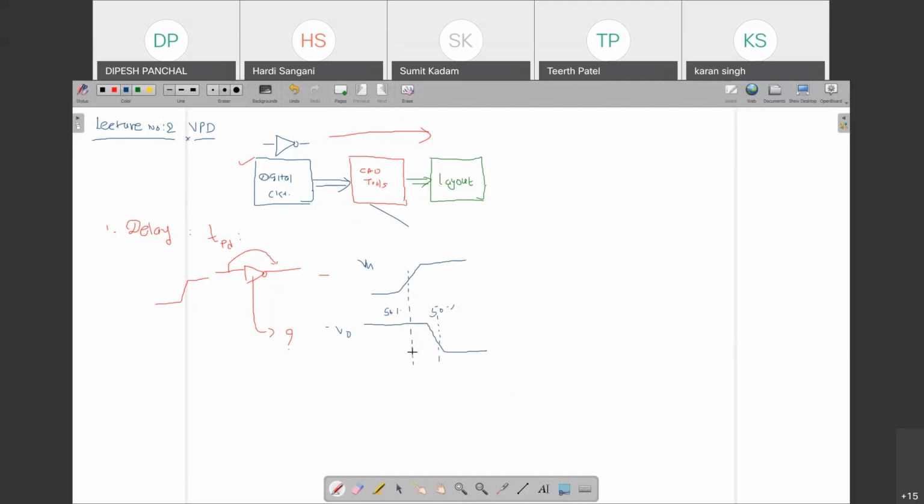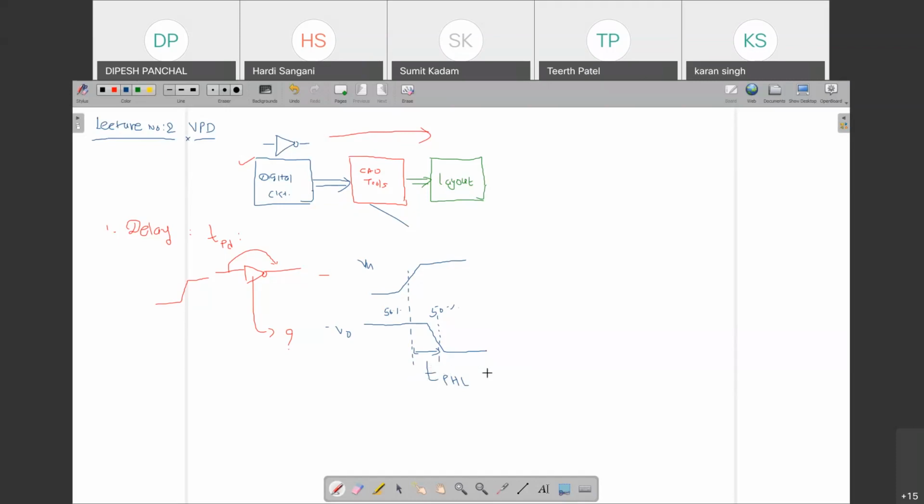So 50% of input and 50% of output. This is defined as one of the delays, which is called TPHL, high to low. Whenever we take 50% of input, these are the measurement criteria, and the 50% of output, what is the delay?